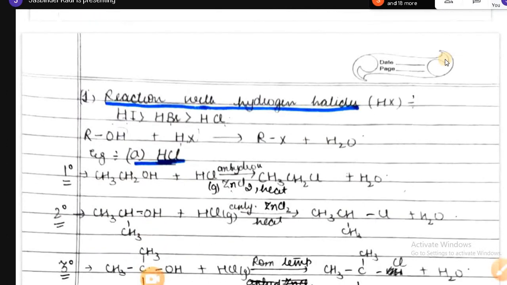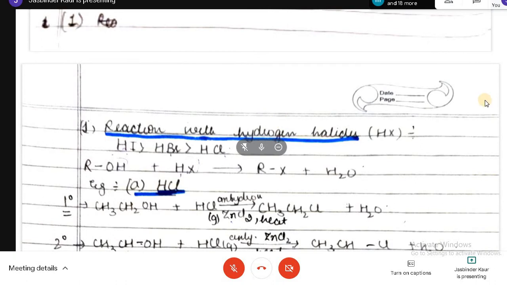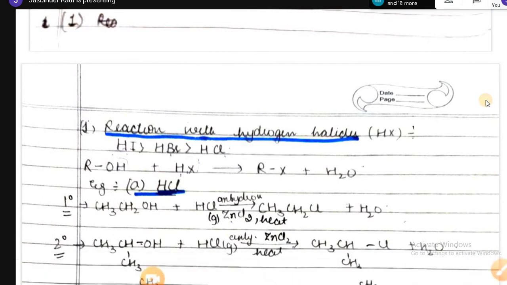Because as we move down the group, from Cl to Br to I, the size increases. As size increases, the bond length increases. So the greater the bond length, the weaker the bond, and the more reactive it is. So HI is more reactive because in this the size of iodine is largest, the bond length of HI is greater, and it can be easily broken.